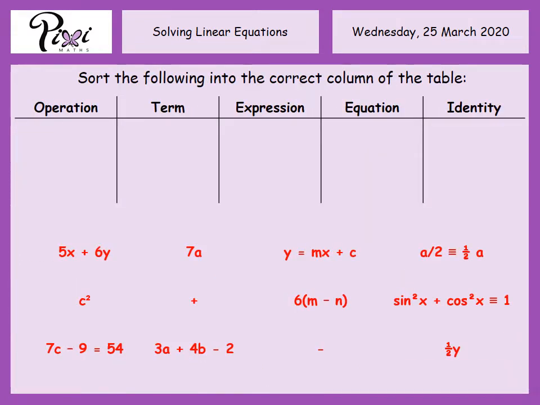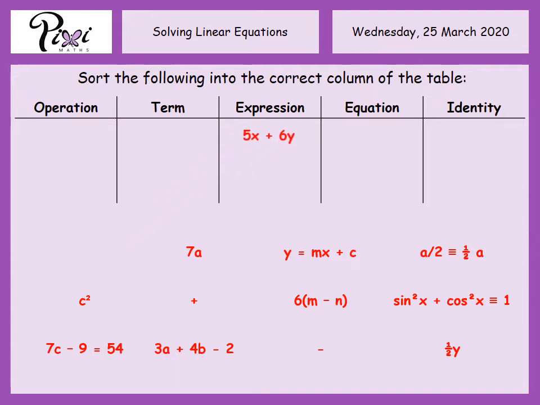Now, sort the following into the correct column of the table. In this table, we have operation, term, expression, equation, identity. I want you to sort these into the correct place.